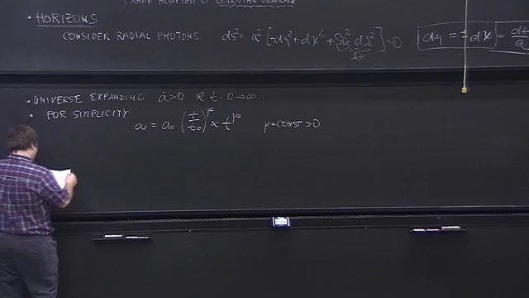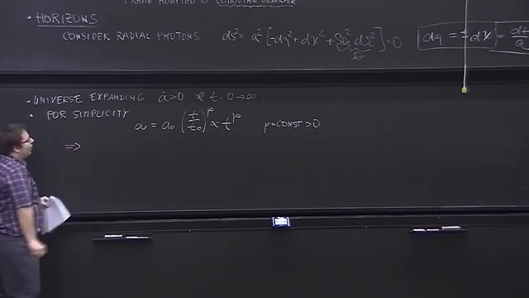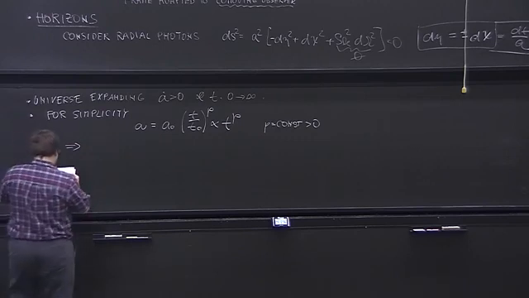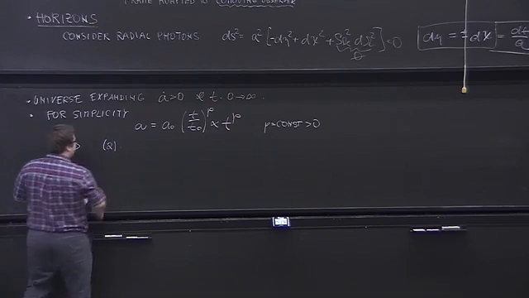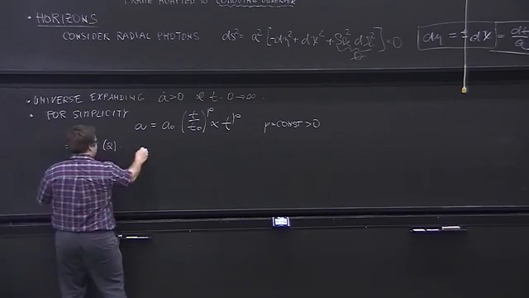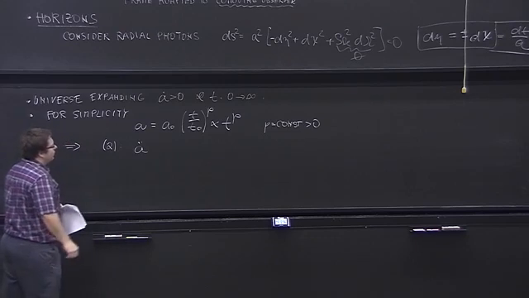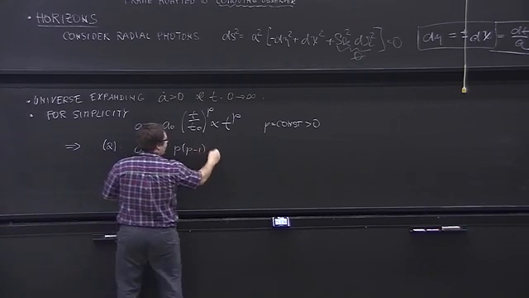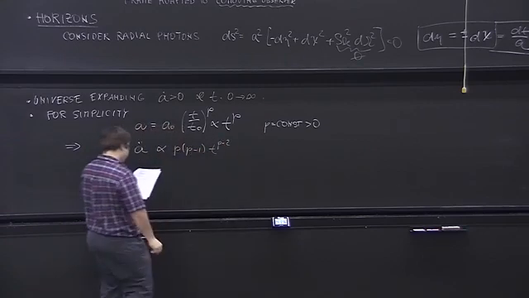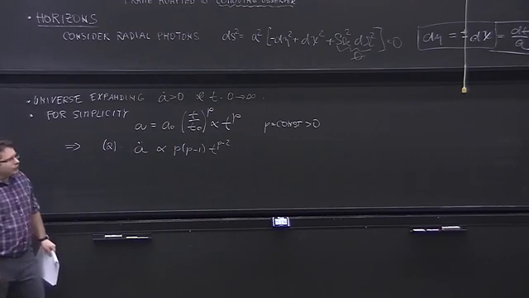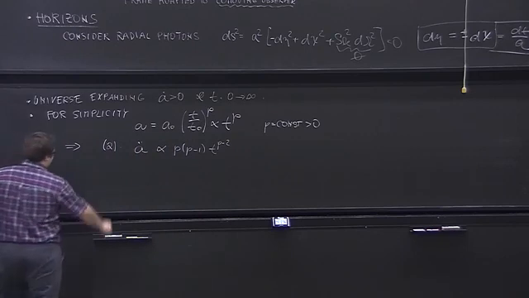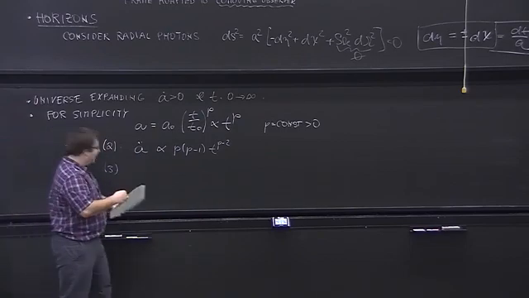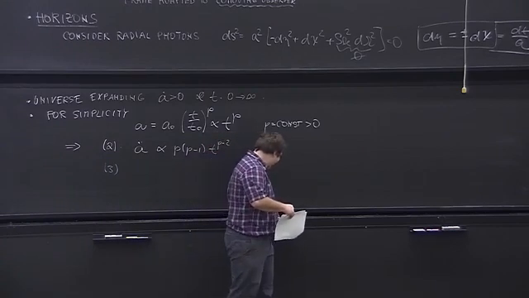It's not really simplifying, it's almost true. If this is true, then I can calculate the first derivative of a and the second derivative of a. I'll call this equation 1. The second derivative is just proportional to p times (p minus 1) t to the p minus 2, equation 2. I can also calculate what my conformal time is, equation 3.